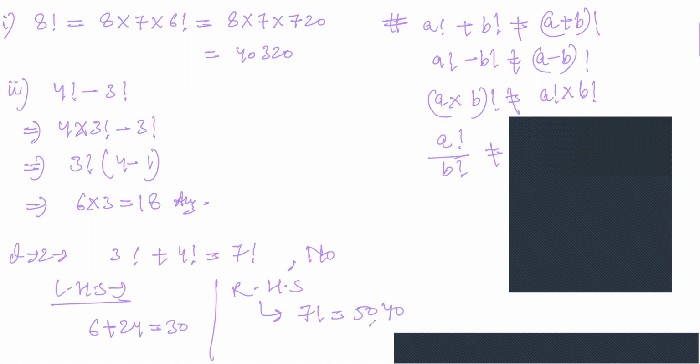It was 5040, right? So just solve both parts and tell them these are not equal, because the left hand side is 30 while the right hand side is 5040.